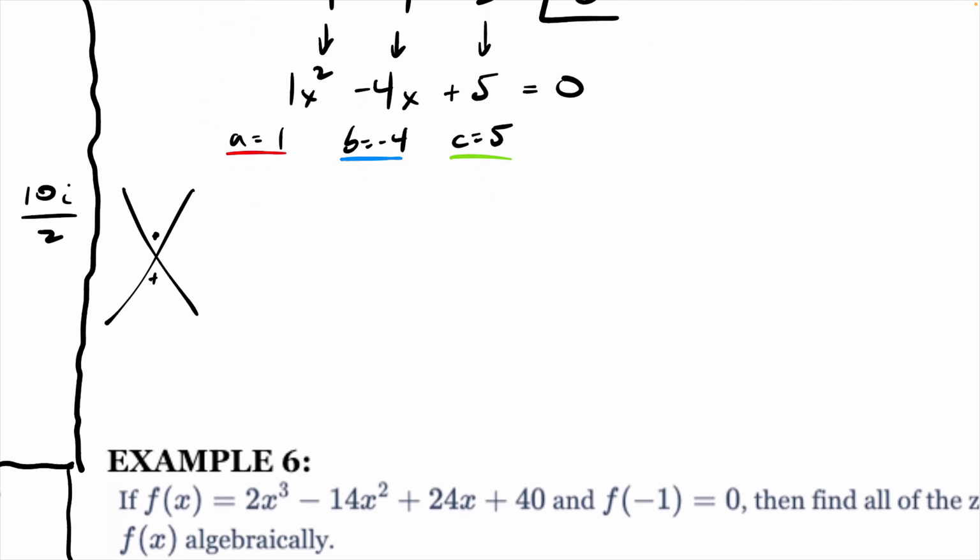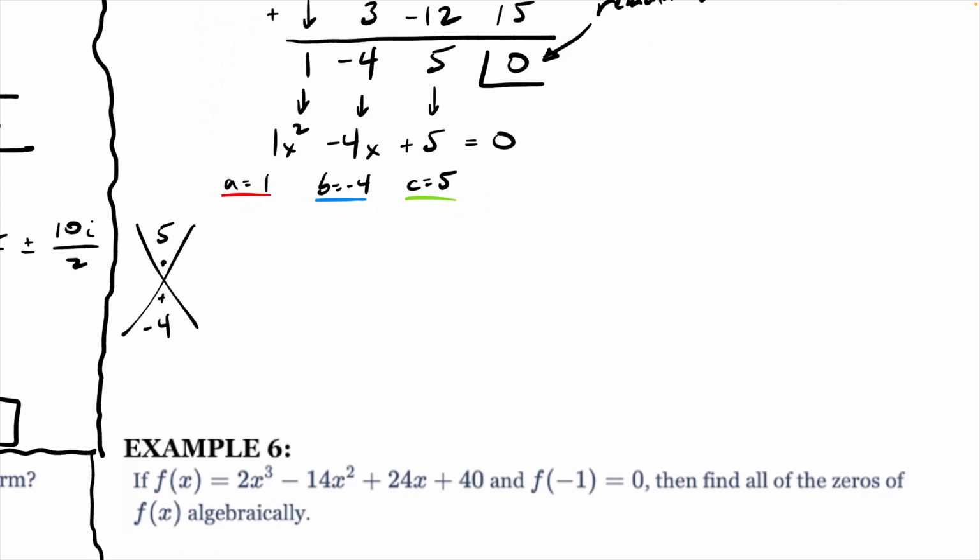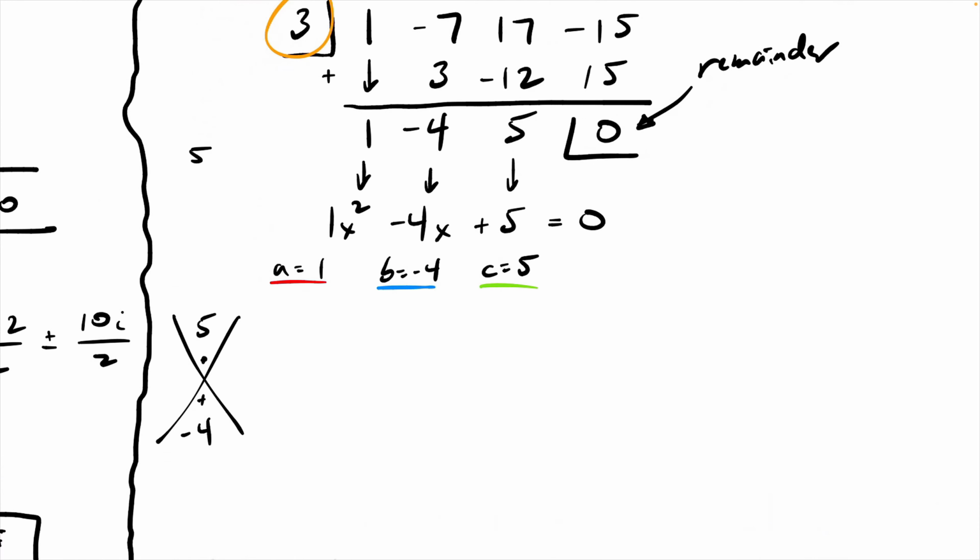A times C. 1 times 5 is positive 5. B is negative 4. Okay, so I need to make a list of all the numbers that multiply to be 5. There's not a lot of them. What are the numbers that multiply to be 5? Negative 5 and negative 1. And then the positive version, right? That's it. No other whole numbers multiply to be positive 5.